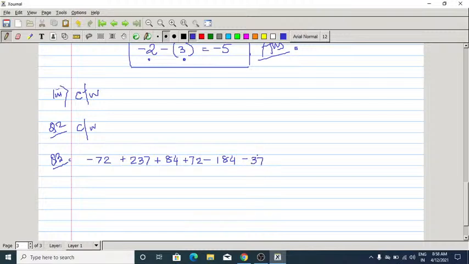Okay. So we can write all the positive numbers in the beginning and all the negative numbers after them.